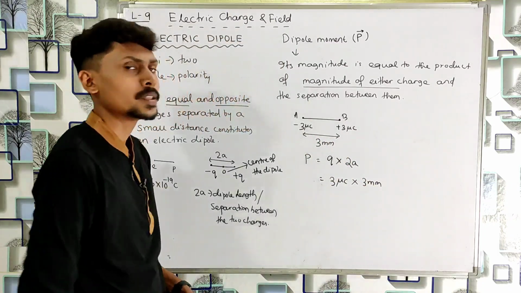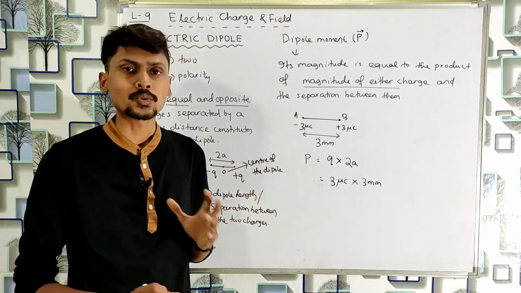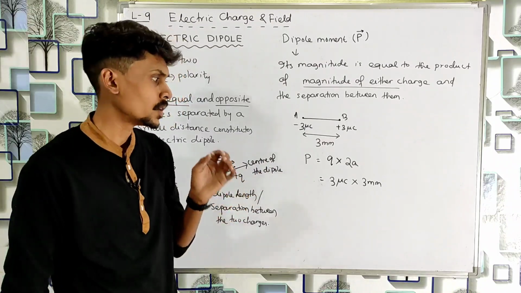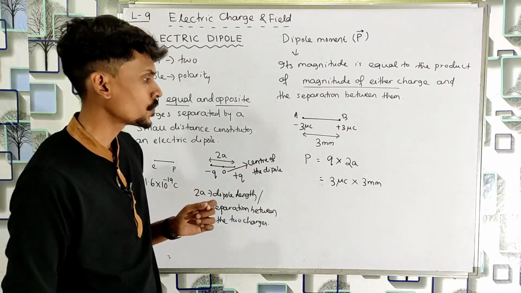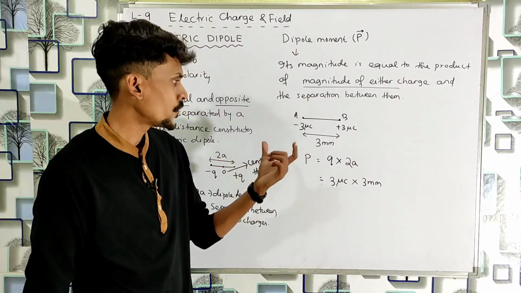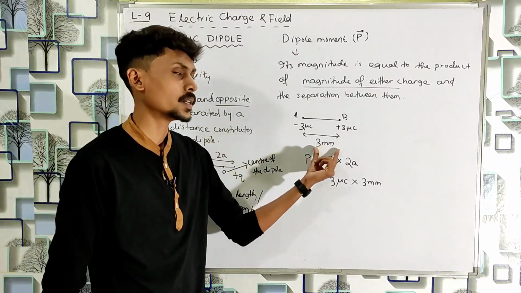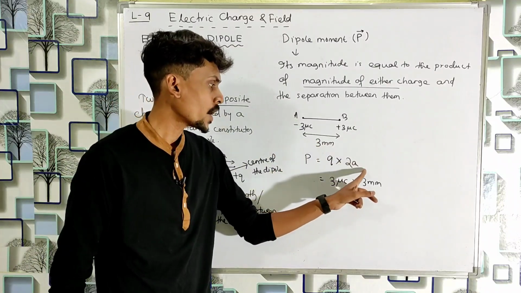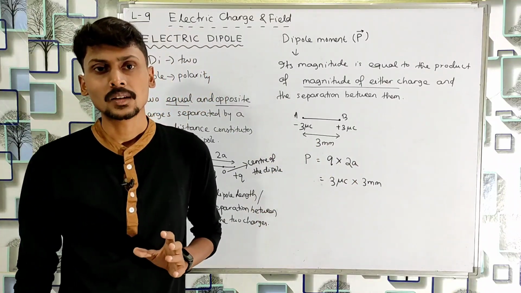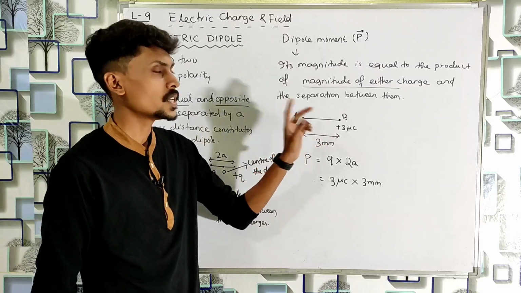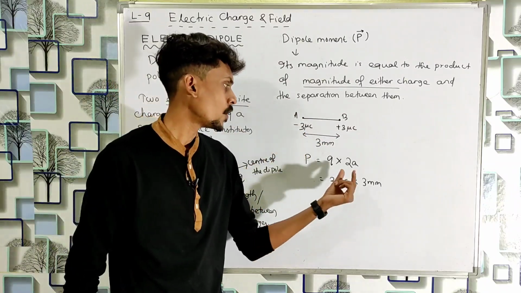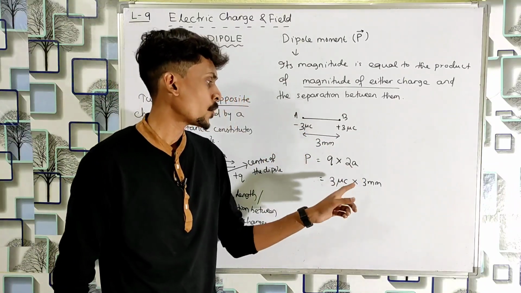Students, I have seen in many cases many students make one simple silly mistake. What is the mistake? They think that if the distance between the two charges is 3 millimeter, then 2a will be 6 millimeter. They think that the distance is a, so they multiply by 2 and write 6 millimeter.